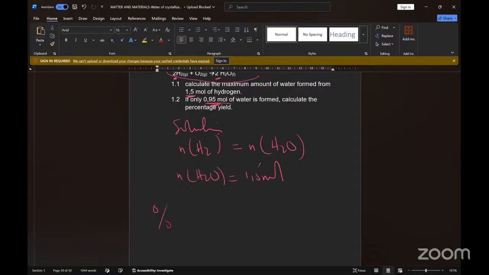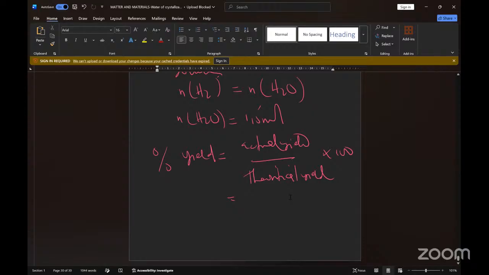So you say percentage yield is equal to actual yield divided by theoretical yield times 100. This is your actual yield here.